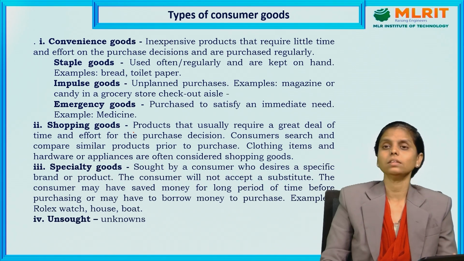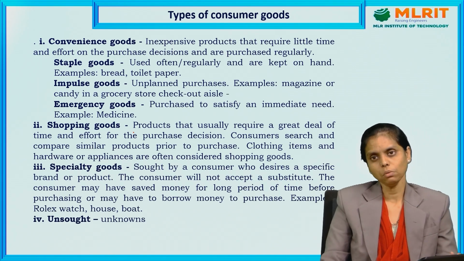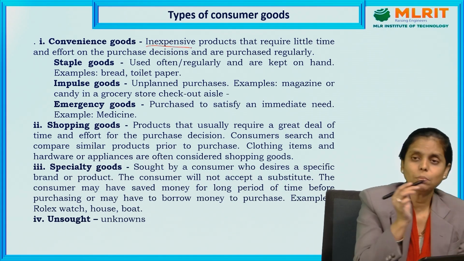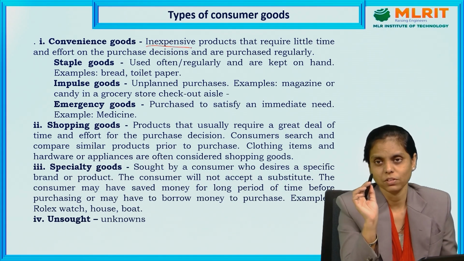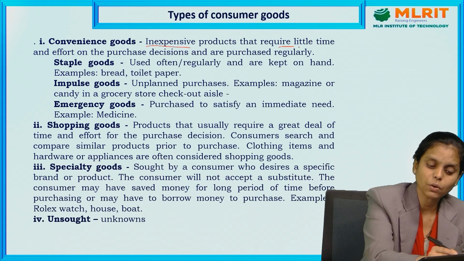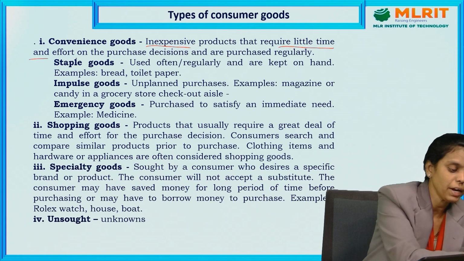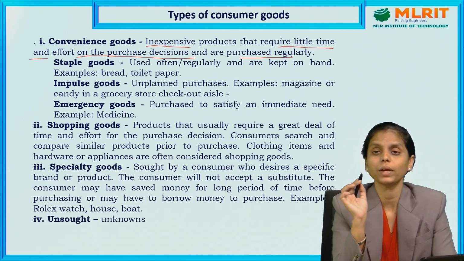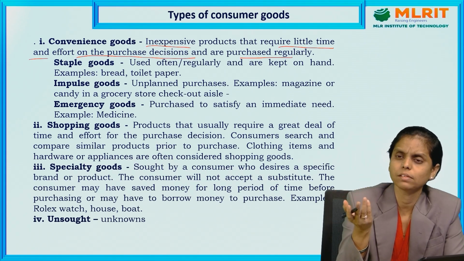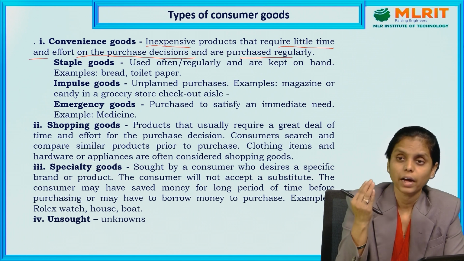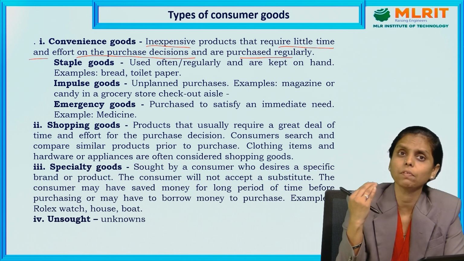Now, again, these consumer goods are classified into different categories. What are those? These consumer goods are not much more expensive. Why? End users are using inexpensive products that require little time and effort for purchase decisions, and these are frequently purchased. For example, pens, eraser, shampoo, toothpaste, or else take any kind of electronic goods.